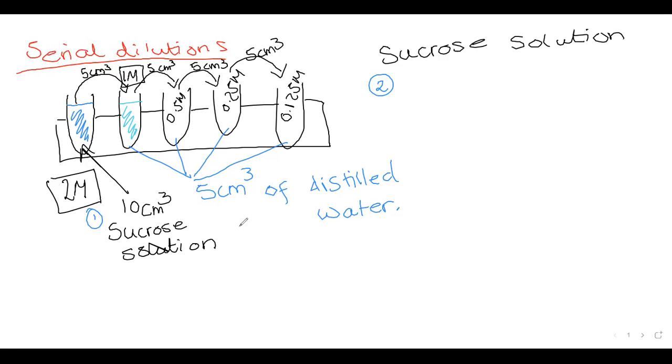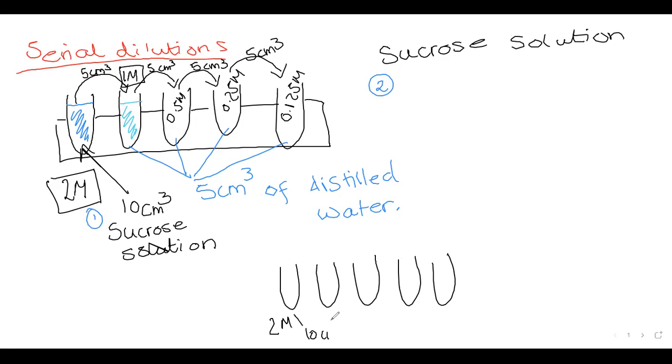You don't have to dilute in factors of 2. You can dilute by factors of 10. So for example, if we had an initial 10, let's put that as 2 mole, we had our starting 10 cubic centimeters in here, and rather than taking out 5, you could take out 1 cubic centimeter, and then you could take out 1 again, and so forth.